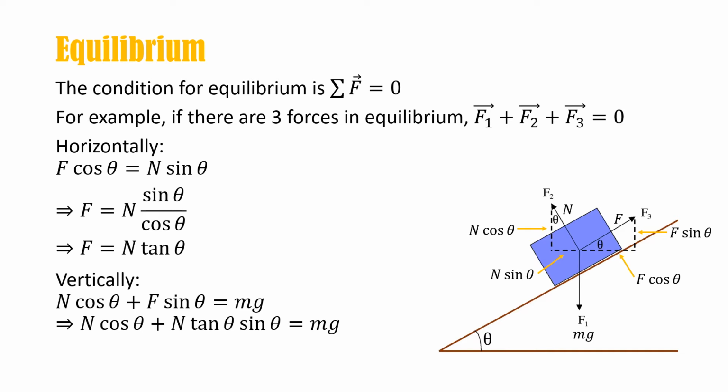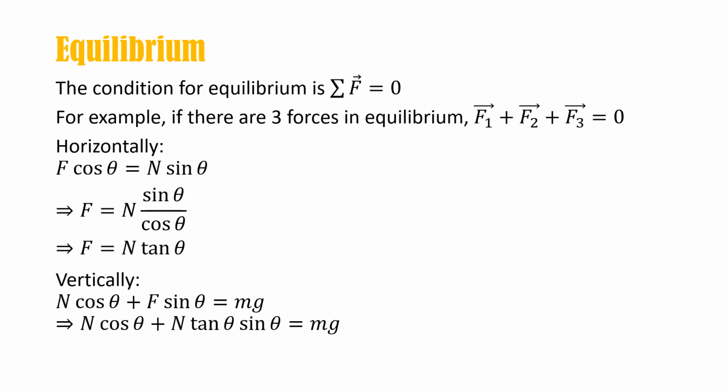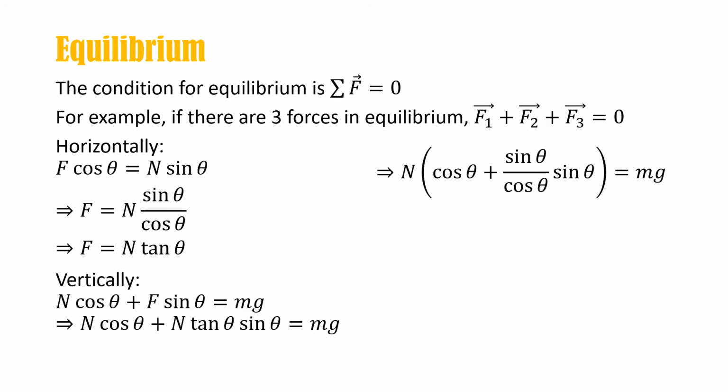Now this is what I was saying about how we're going to switch tan back into terms of sine and cos. So let's just get rid of that for a second, so we've got a bit more space. I can pull out a factor of N as well. So we've got N outside of cos theta plus sine theta over cos theta times sine theta is going to be equal to mg.